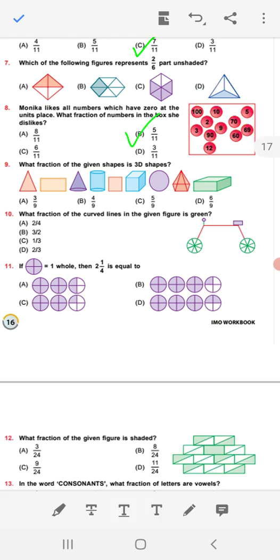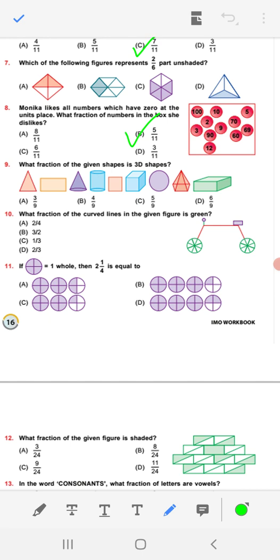Now pass to the question number 9. What fraction of the given shapes is 3D shapes? What are the 3D shapes here? Look, this cone is the 3D shape, cylinder, cuboid, 3D shape, pyramid, this is also 3D shape, and this cuboid, this is also 3D shapes.